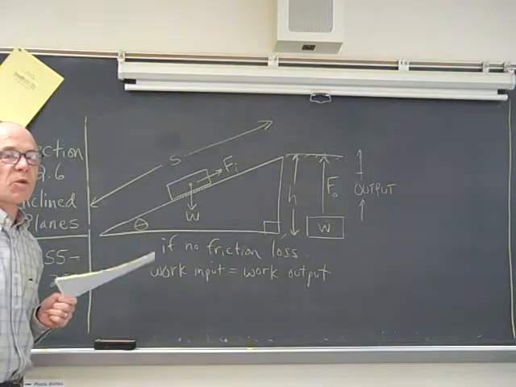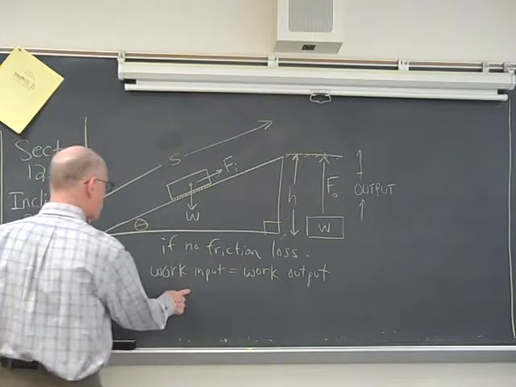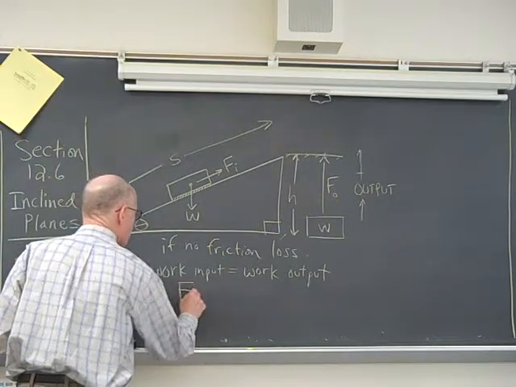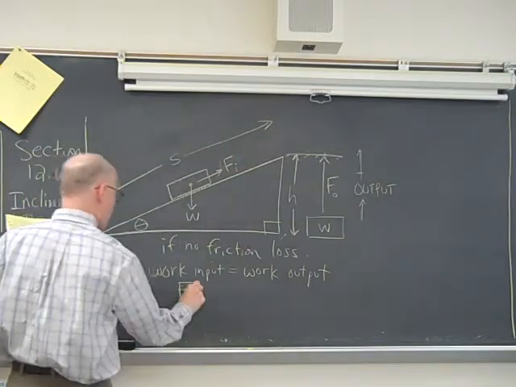Now remember, the equation for work is equal to force times distance. So on the input, that's input force times the distance, which along the ramp is S.